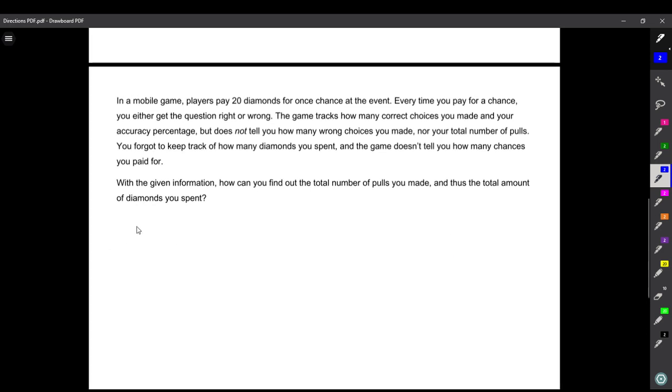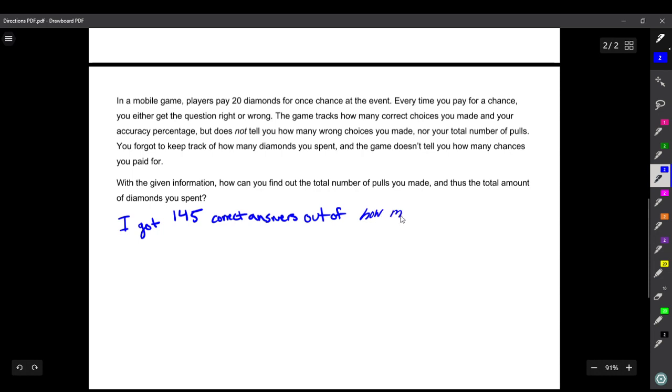So, in other words, I got 145 correct answers out of how many total choices? How many times did I enter that pavilion and pay?